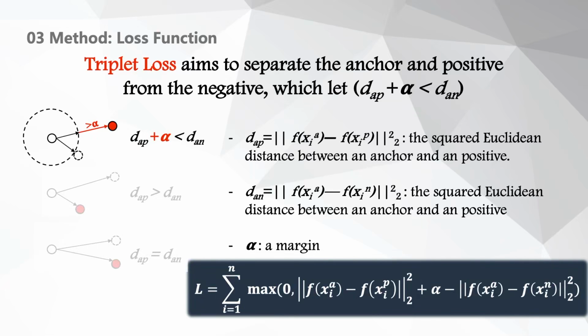Otherwise, it means the difference already meets our goal. Therefore, we want the loss to be 0, updating nothing. So there is a max function to set the minimum loss to 0. The sum of the loss of all triplets gives us the total loss.